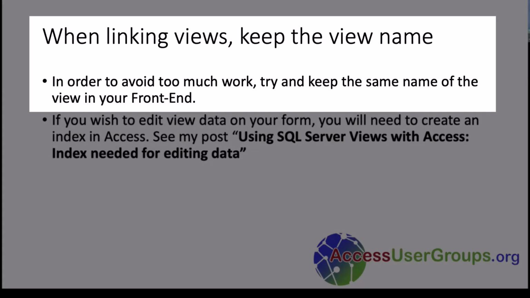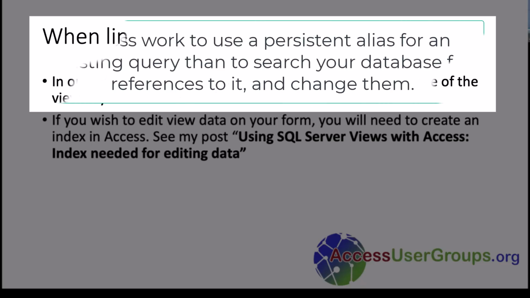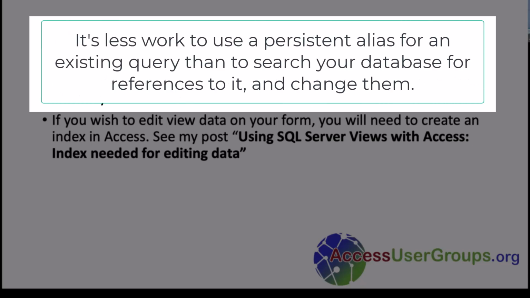You want to keep those names, so that when we create a view on SQL Server to replace a former query, like say for example, you had a query in the old ADP or your ACCDB file called QRY work in process, you want to keep that same name when you link the view, QRY work in process.